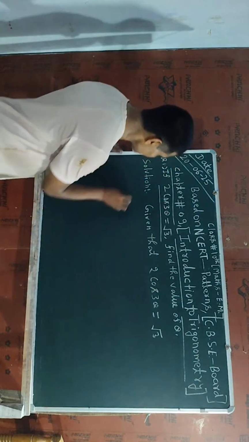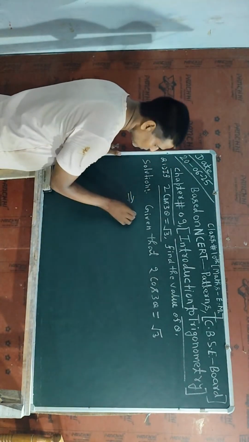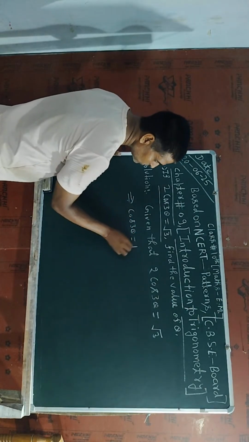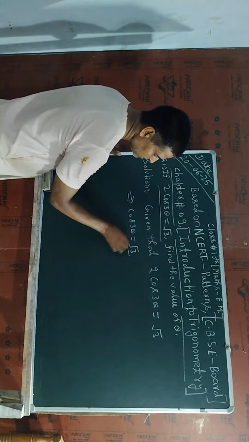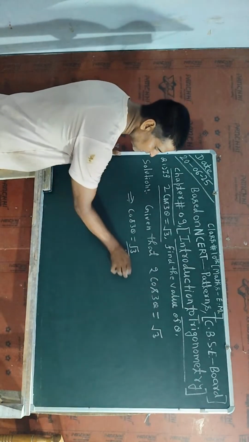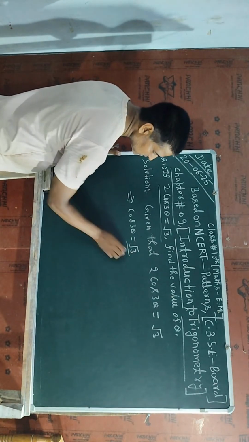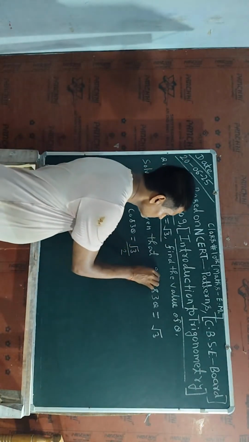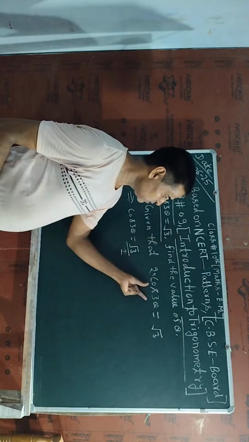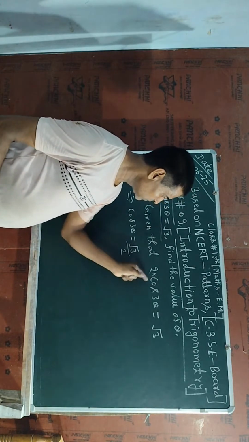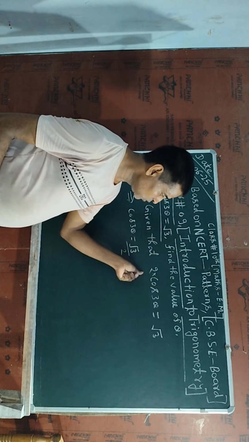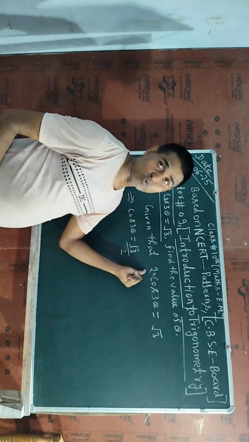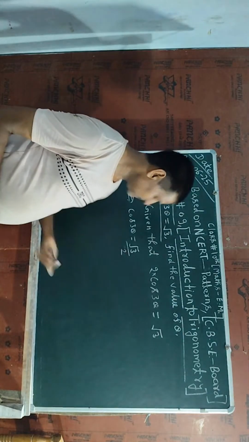Now further I will write cos 3 theta is equal to root 3 by 2. Here I am dividing by 2, because 2 is multiplied with cos 3 theta, so 2 will go to the right hand side and root 3 is divided by 2. So after dividing, we will get its result.